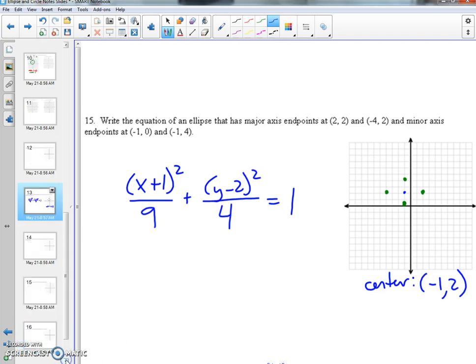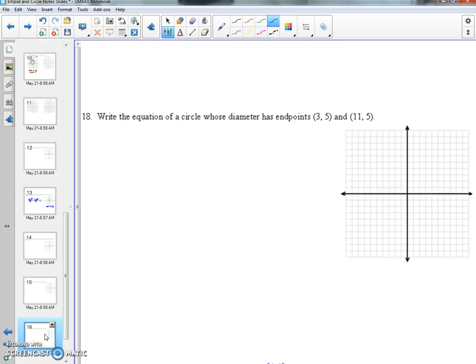We're also going to try one of the circle ones, so I'm going to jump to 18. Diameter endpoints at 3, 5, and 11, 5. Let's graph those. 3, 5, and then 11, 5 is one off of the paper there. So basically my circle would be out here like this. I'm going to again figure out where my center is. If those are the endpoints of my circle, the center is just going to be right in the middle there. If that whole line from end to end is 8 long, I would have to go 4 over for the center.